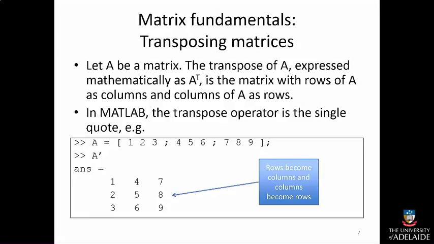Now what about transposing matrices? I believe even students who have not studied matrices in school have quite a good idea about basic matrices and operations on matrices. For instance, taking a transpose. What happens when we take the transpose of a matrix?